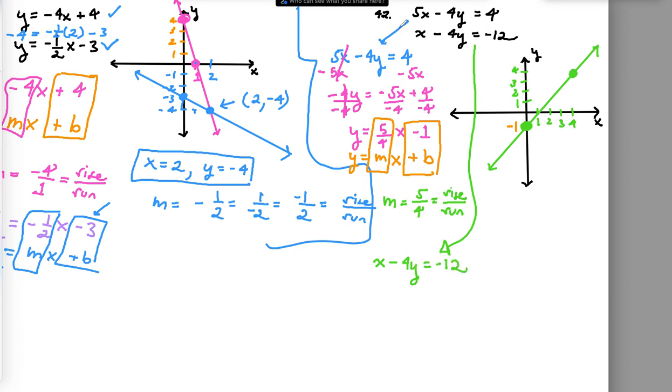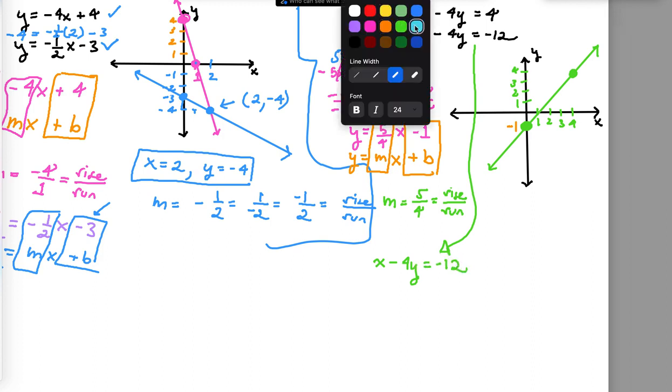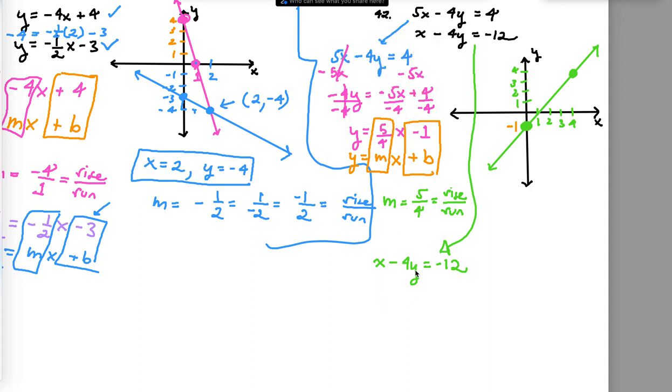I want y by itself, so first I subtract x on both sides. When I subtract x, this is 0, and I get negative 4y equals negative x minus 12. The minus 12 is still there.